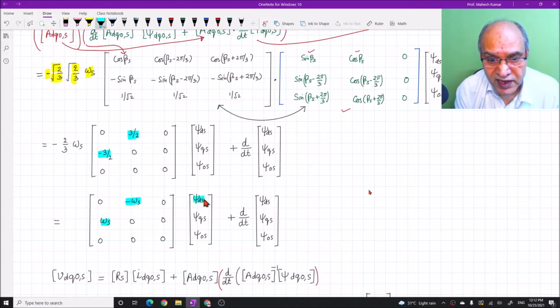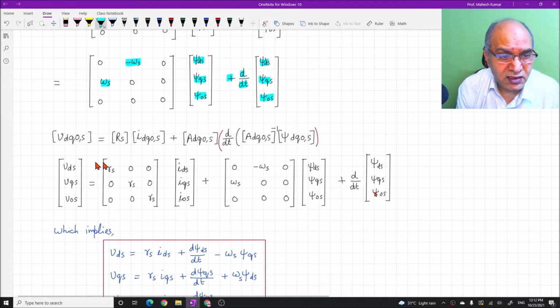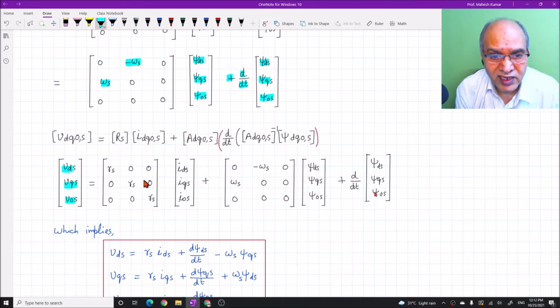Then we have psi ds, psi qs, psi 0s, plus d by dt of psi ds, psi qs and psi 0s. And hence we can write the voltage equation in dq0 frame as vds, vqs, v0s equals Rs into ids, iqs and i0s.